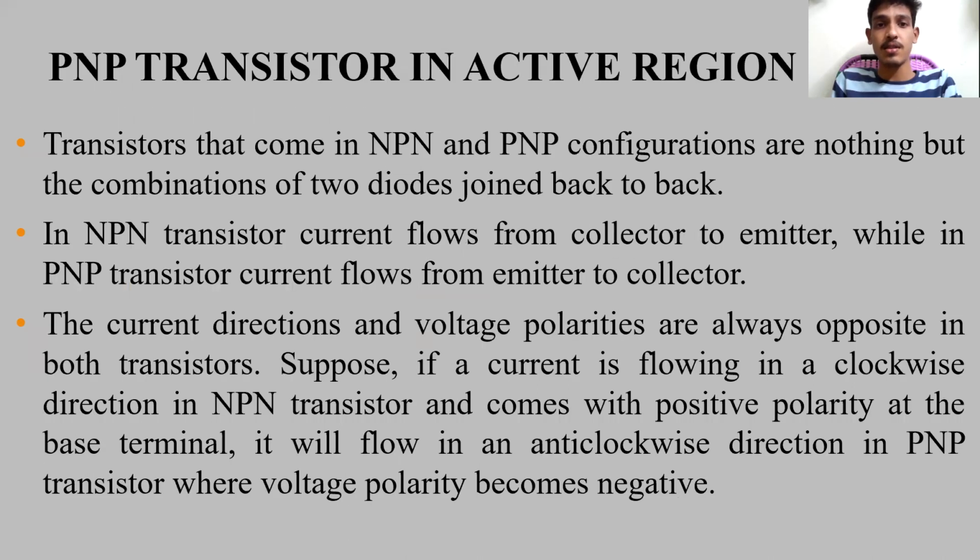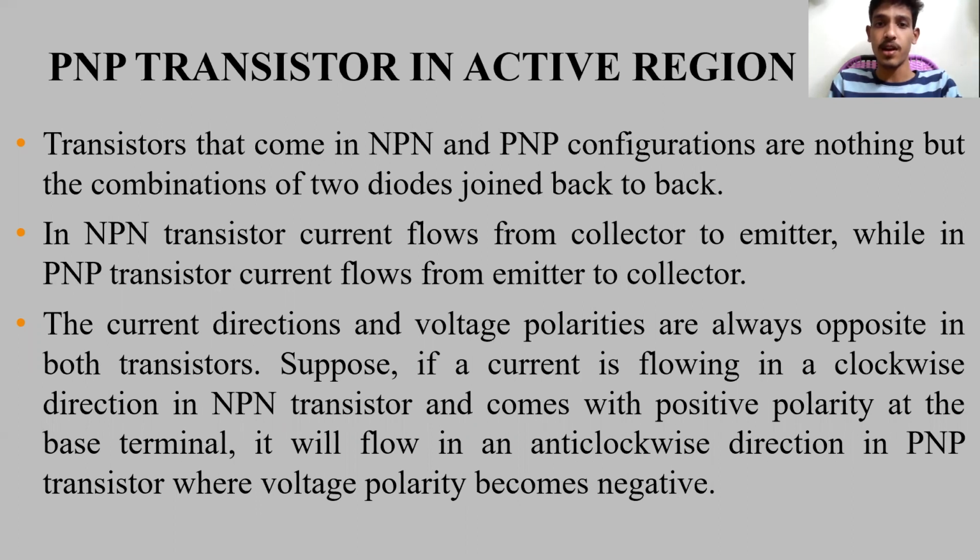Next, PNP transistor in active region. Transistors that come in NPN and PNP configurations are nothing but the combination of two diodes joined back to back. In NPN transistor, current flows from collector to emitter, while in PNP, current flows from emitter to collector. The current directions and voltage polarities are always opposite in both transistors.